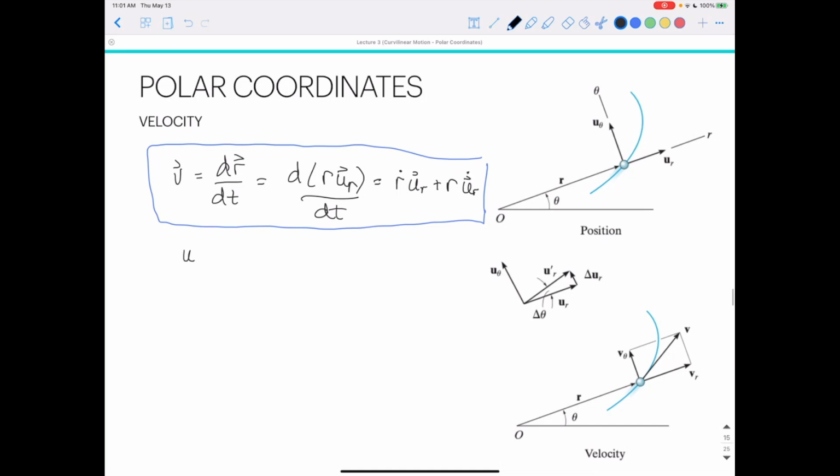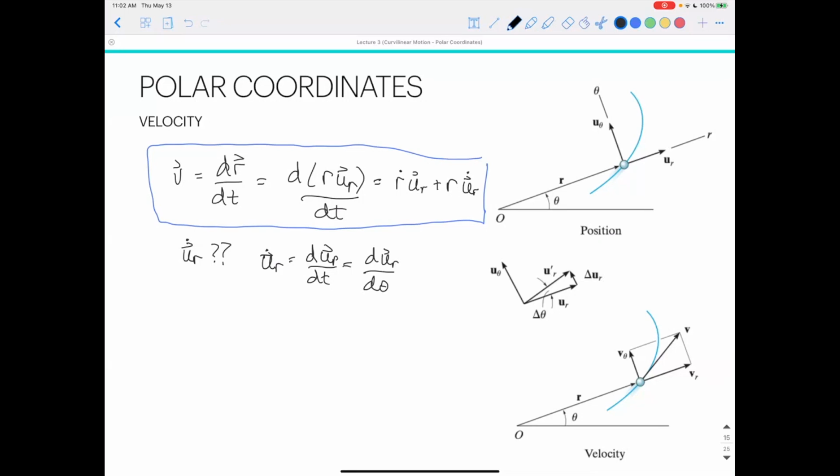So what is u r dot? u r dot is the time rate of change, and we can use the same method we used to calculate the rate of change of our tangential unit direction vector when we did n and t coordinates. And we can say u r dot is just the time derivative of u r, which is equal to du r d theta.